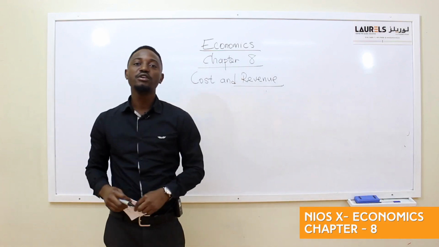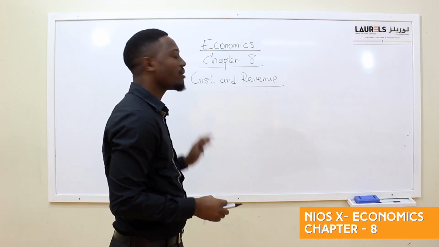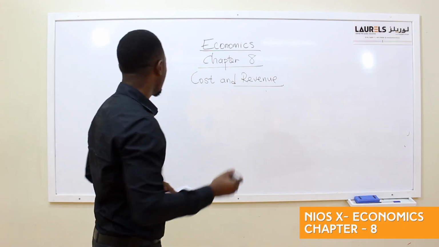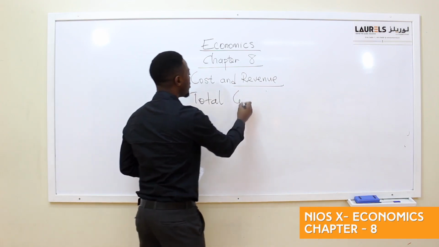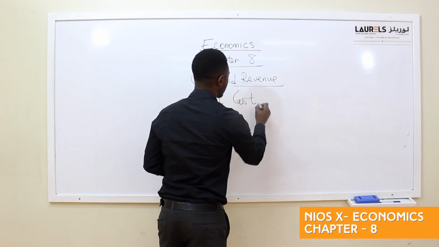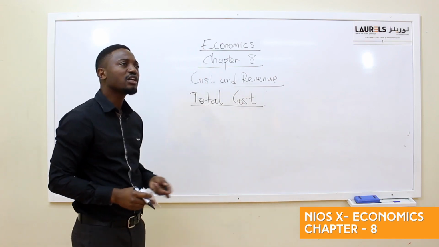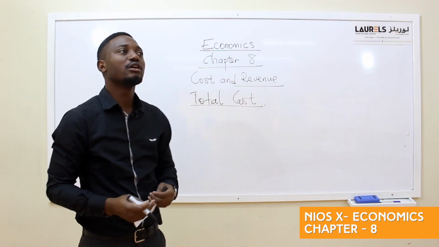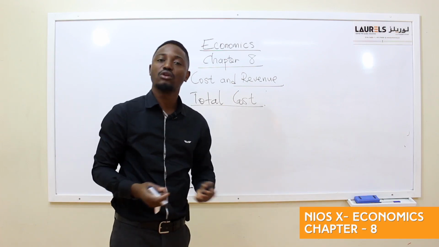Okay, before we move to revenue, we will just talk about one last aspect and do a little calculations. Now, what do we mean by total costs? Total cost represents all the expenditures which we incur when we are producing goods or services.